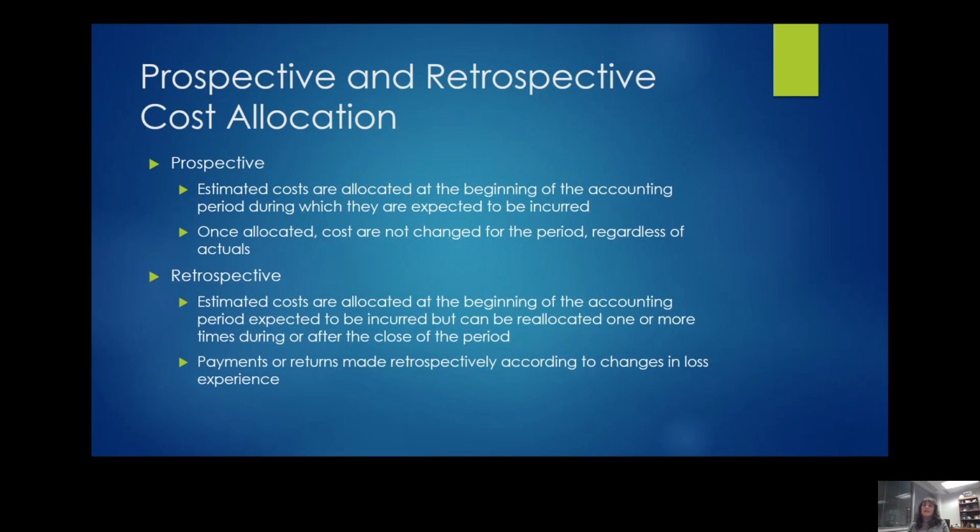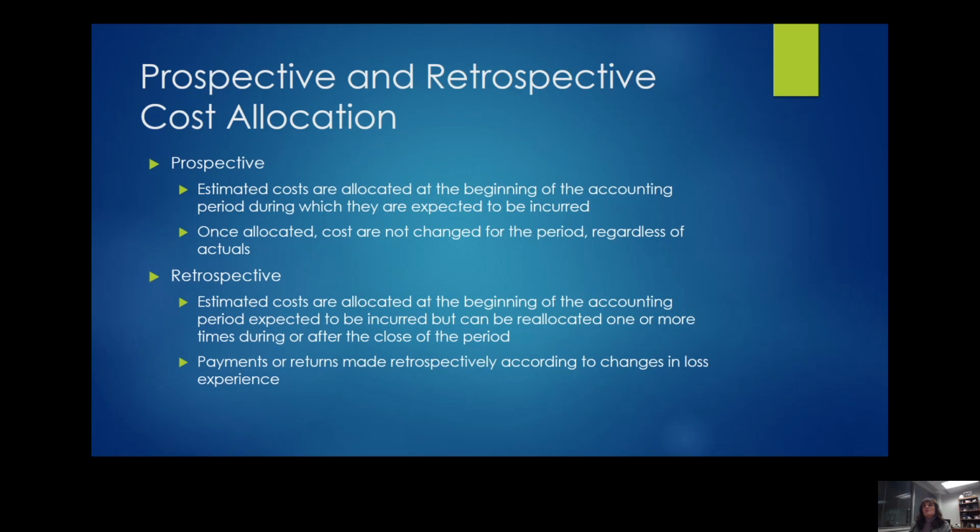So again, we hope that we pick a system that works best for our organization. Sometimes it's best to balance them. Both systems seek to balance between loss experience, which is history, versus loss exposure, what's my potential probable loss. Both of them try to do that.